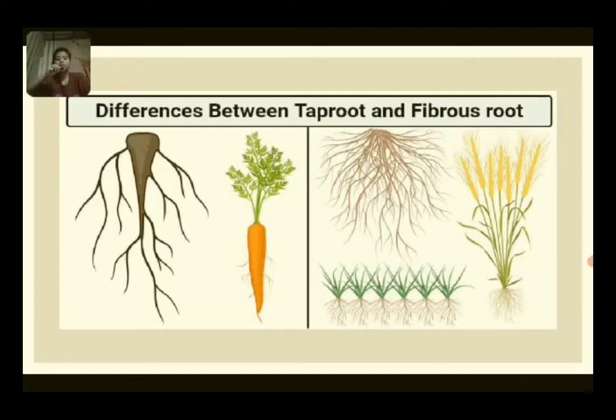The fibrous root grows horizontally in all directions and thus doesn't reach deep into the soil. The taproot system anchors the plant more firmly than the fibrous root.